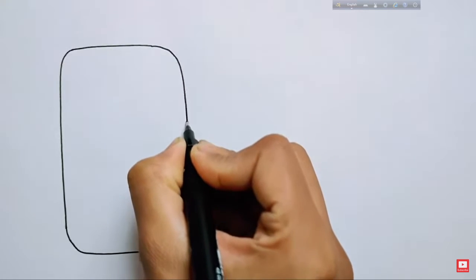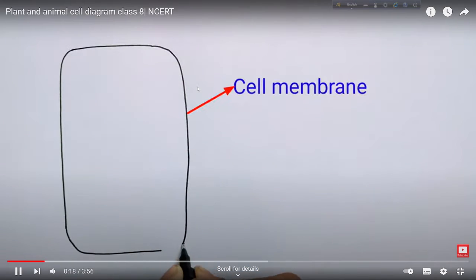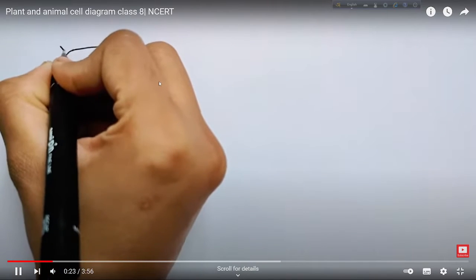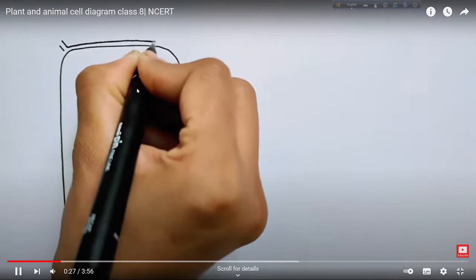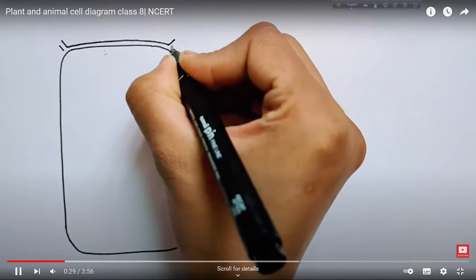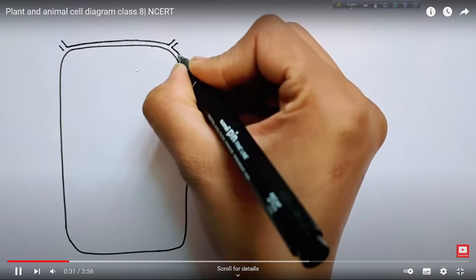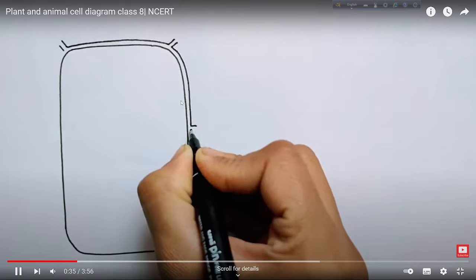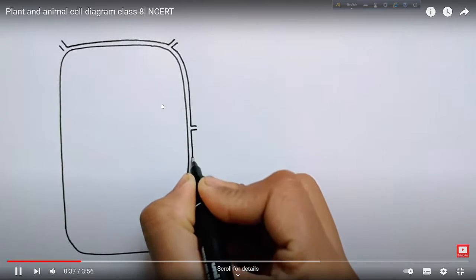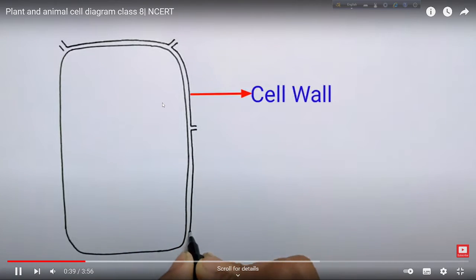A typical plant cell comprises two parts. One is the cell wall and another is protoplasm. Cell wall. In a plant cell, there is a hard and thick non-living wall which is called the cell wall. It is composed of cellulose. Animal cells do not have this cell wall.